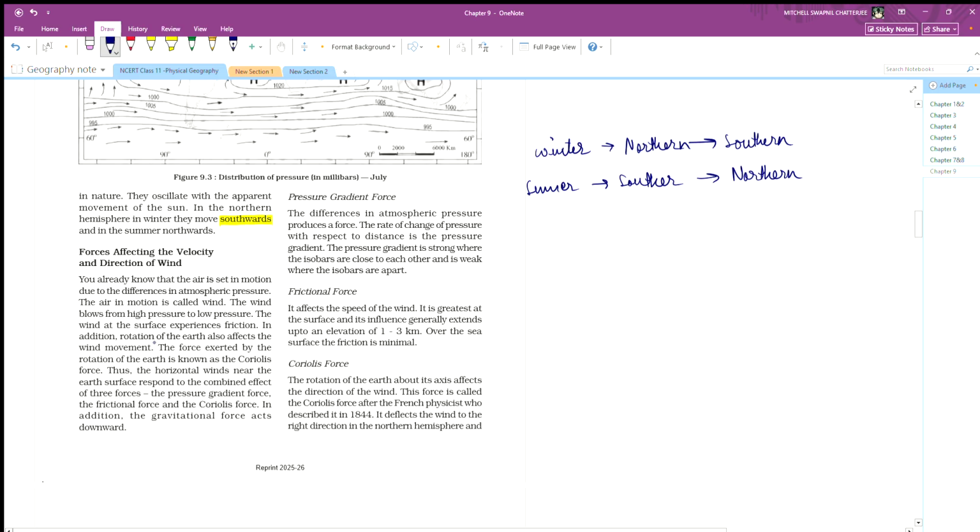In addition, rotation of the Earth also affects the wind movement. The force exerted by the rotation of the Earth is called Coriolis force.